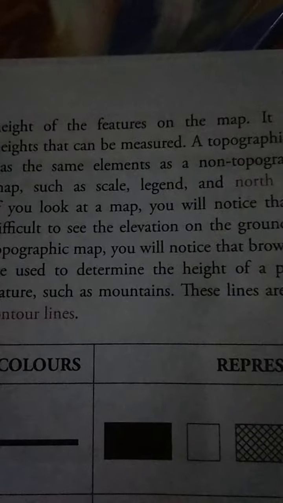What is topography? Topography refers to the arrangement of the natural and artificial physical features of an area. A topographical map shows us how the ground is shaped, and it also helps us calculate the height of the features on the map.